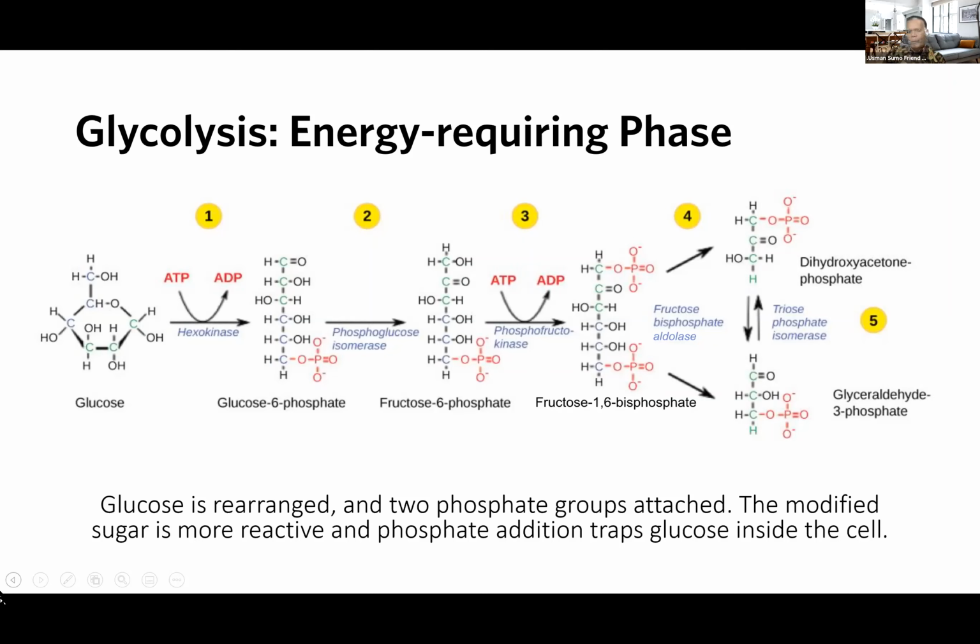Then after we get this molecule, it will be cut up into two molecules, this one and the other in the upper side of the PowerPoint. These molecules can be isomerized into each other.